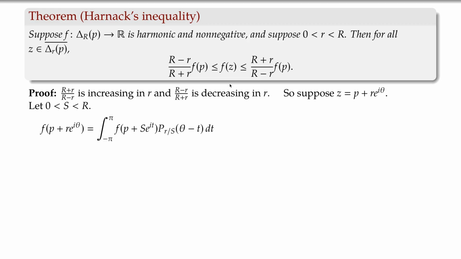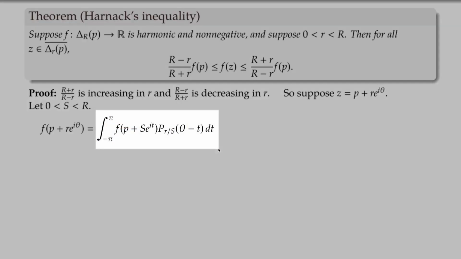So first, let's write down f at z using the Dirichlet solution, using the Poisson kernel, and this is why we needed s to be strictly less than R, so that f would actually be defined over here.